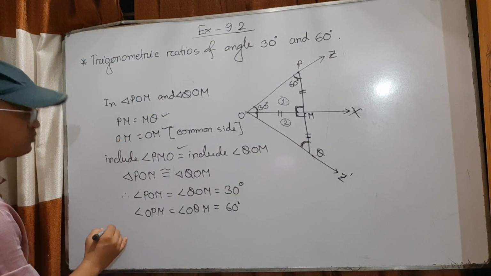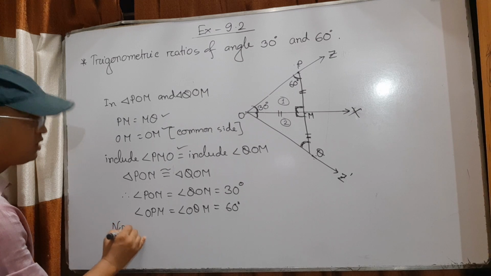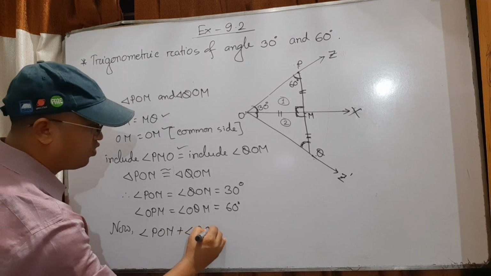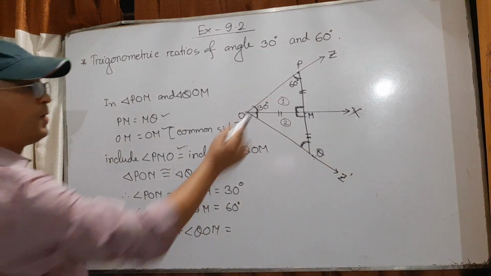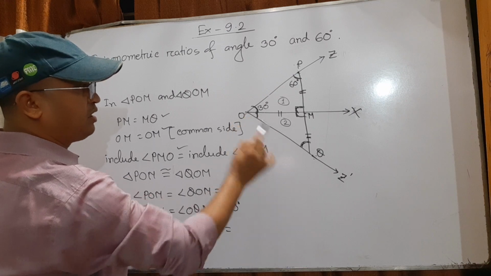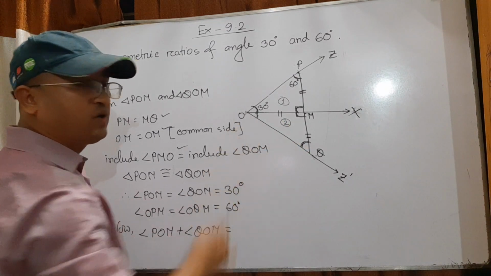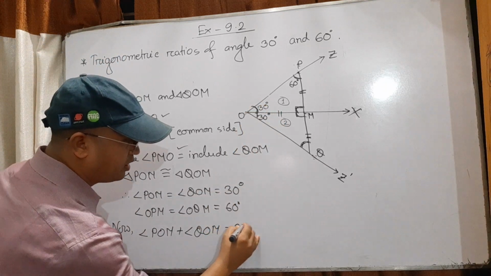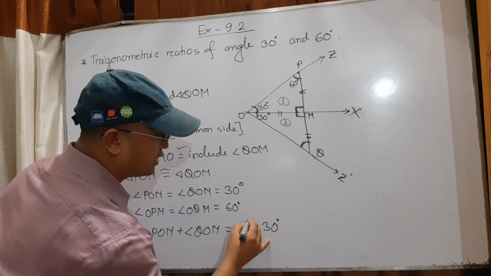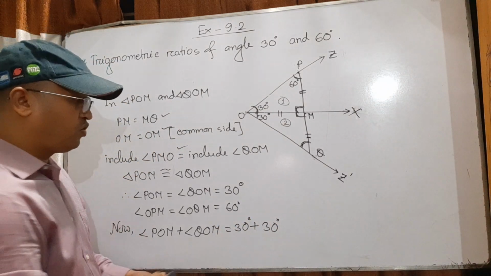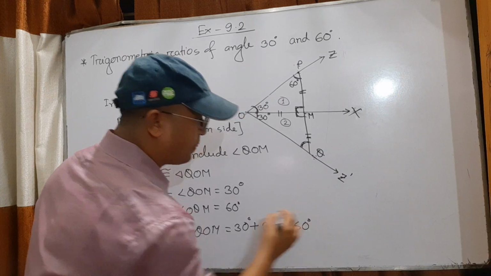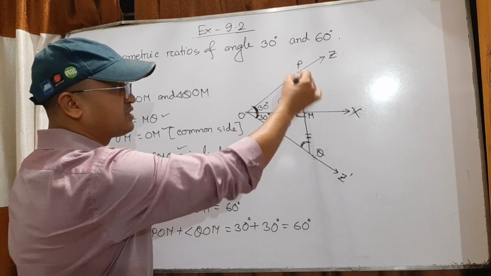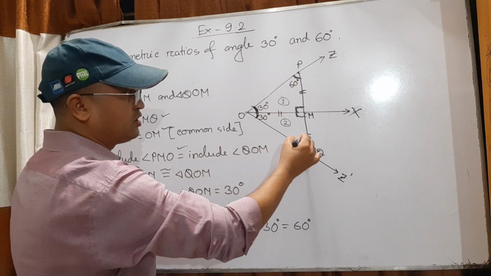Now, angle POM plus angle QOM, what will it be? If we add these two, 30 plus 30 degree, it is 60 degree. So look, this is 60 degree, and this is also 60 degree.